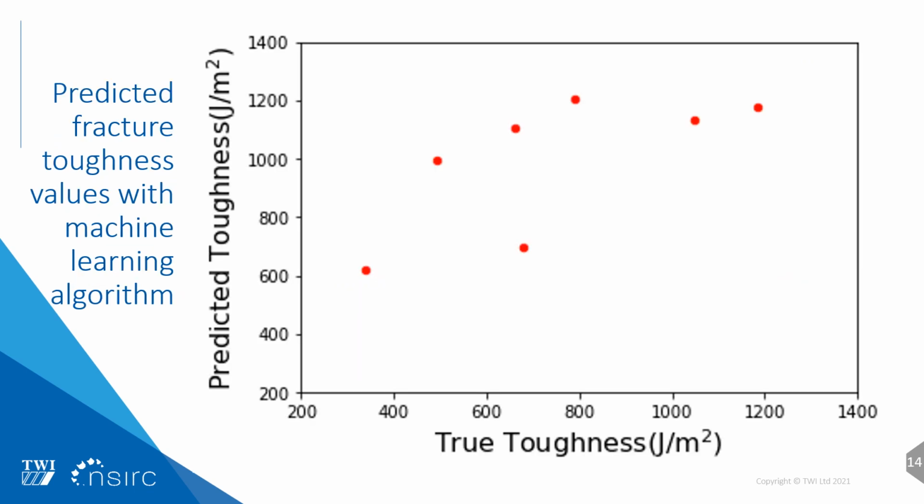And we have here the results which we have obtained from the algorithm. We could see the true toughness on the x-axis, and the predicted toughness on the y-axis. From this, we could say that there is an agreement, and it is sufficient to utilize machine learning to predict the fracture toughness of material.